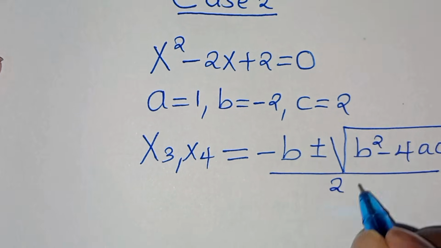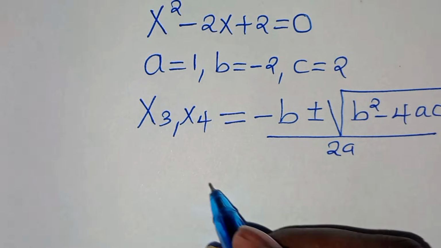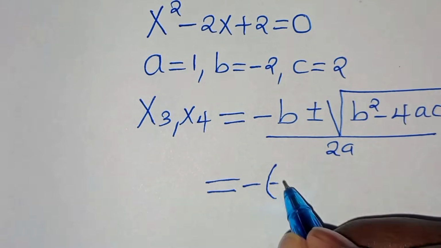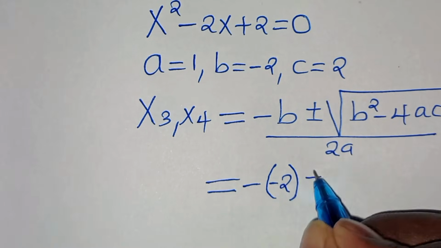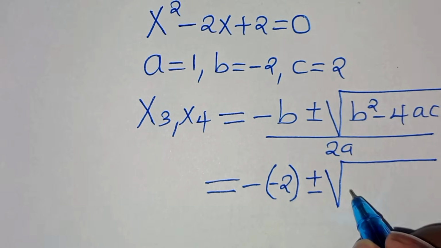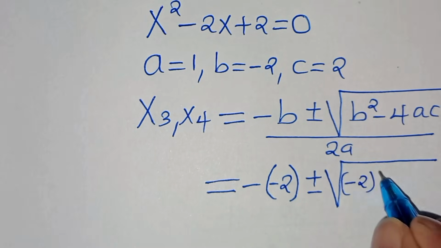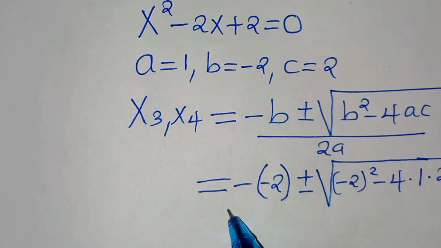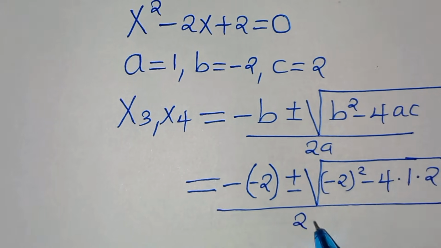Everything here divided by 2 times a. So substituting these values of a, b, and c, we have minus 2 plus or minus the square root of, this is minus 2 squared, then subtract 4 times a, which is 1, then times c, which is 2. Everything here divided by 2 times 1.